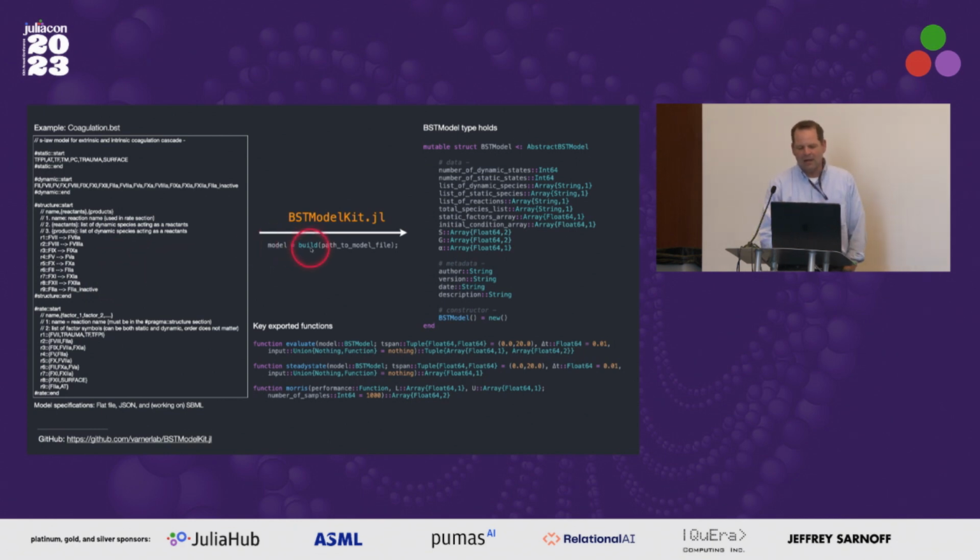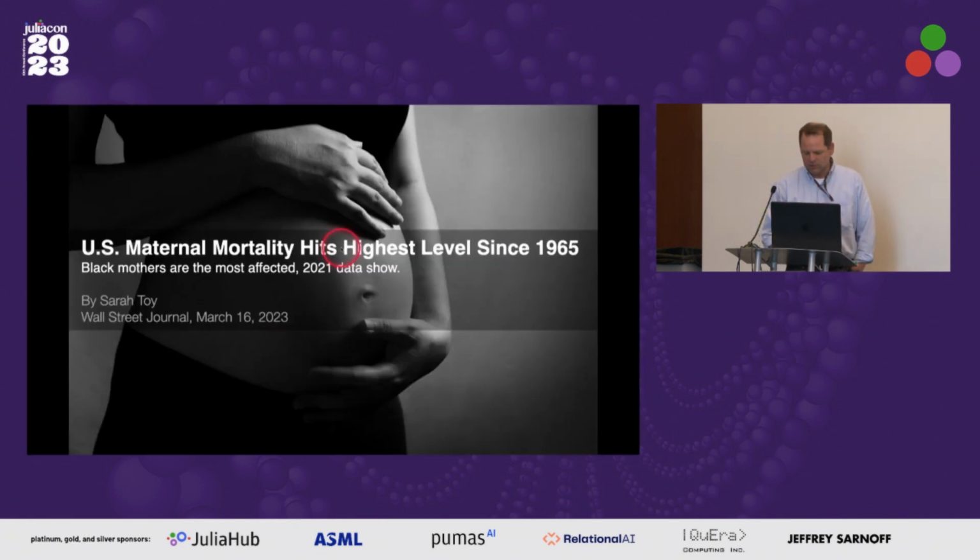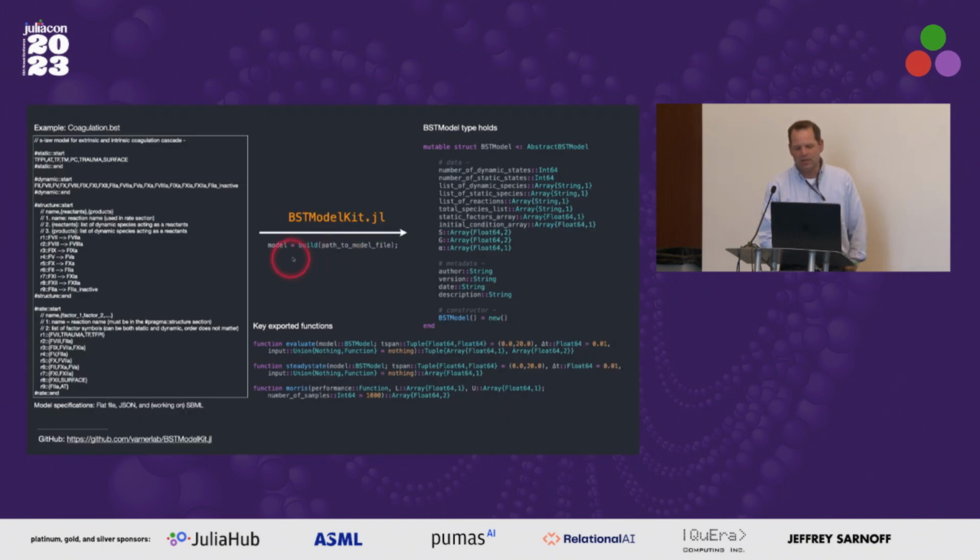I load that, I pass that path parameter into a build method, and we get back this BST model type. And that BST model type contains everything that we need in order to simulate the model, in particular the stoichiometric array, the G, so the reaction order array, and then our rate constant array, in addition to some other initial conditions and so forth.